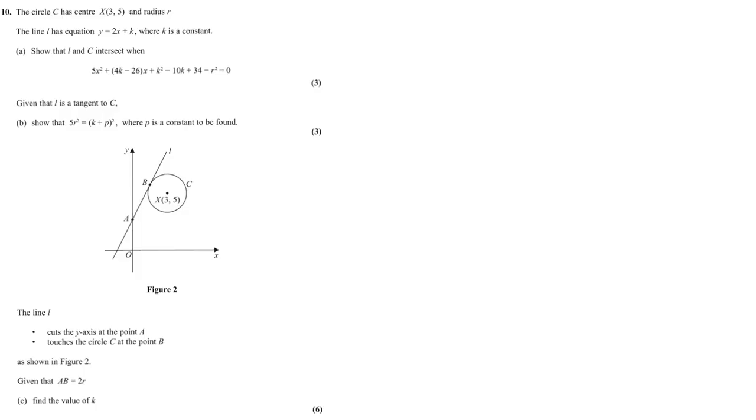Now let's have a look at the question and see what you guys think. So we've got a circle with centre 3, 5 and radius r. So using the equation of the circle, there's x minus 3 squared plus y minus 5 squared equals r squared. And then we've got another equation where y equals 2x plus k.